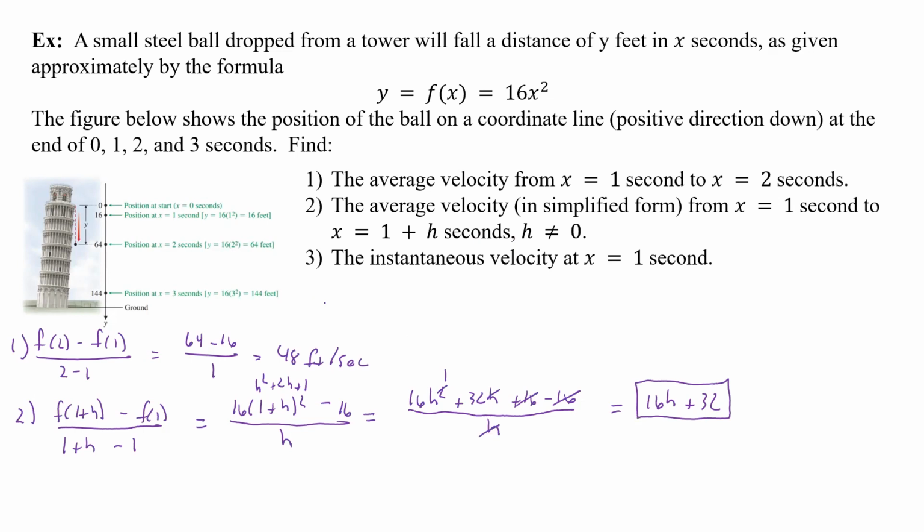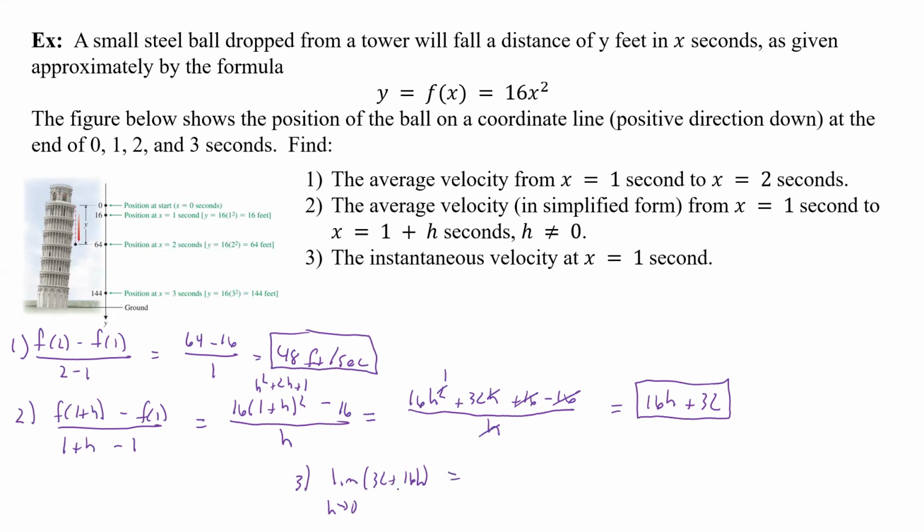So if we circle those or square them here. All right, now we want the instantaneous velocity. That's basically the limit as h approaches 0 of 32 plus 16h, or 16h plus 32, however you want to look at it.